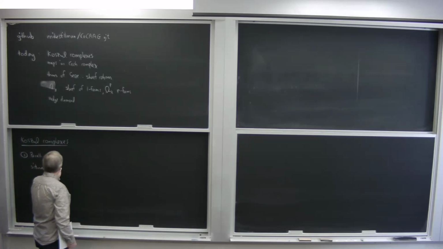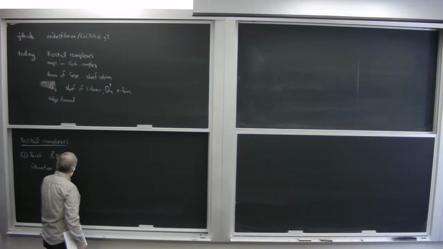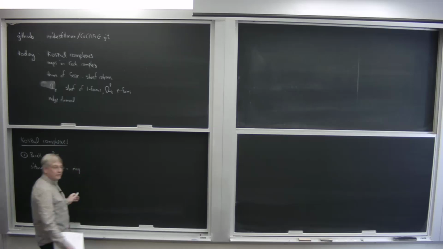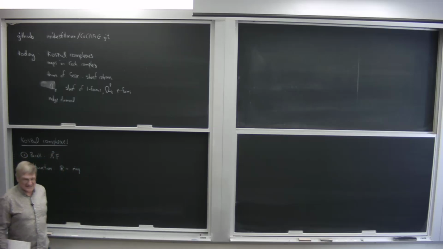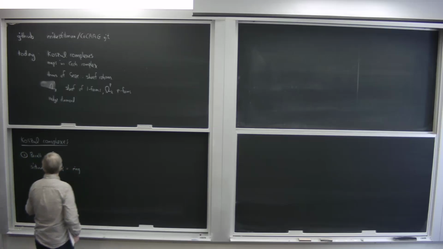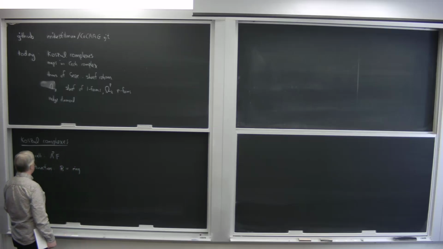This works for any ring. R is a ring, potentially graded, so a commutative ring with identity. I oftentimes think of it as Noetherian, but this is a pretty general situation.